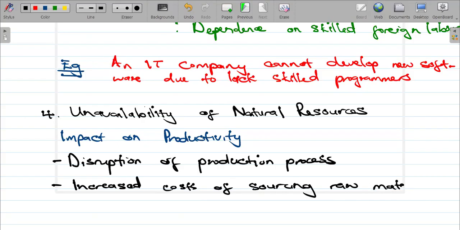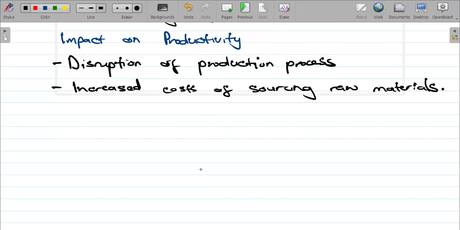Because if there is a scarcity, it means that suppliers will decide on the price. So there will be increased cost of sourcing raw materials. Right, let's talk about the challenges that this socio-economic problem imposes on the business.